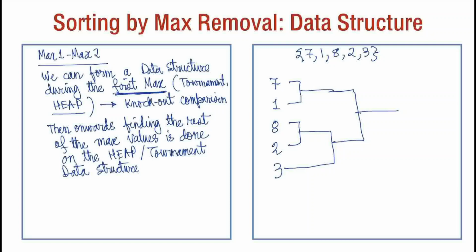This is when we do the first max, and based on the first max we will create this comparison tree of the largest numbers, and get the largest number out in place here.